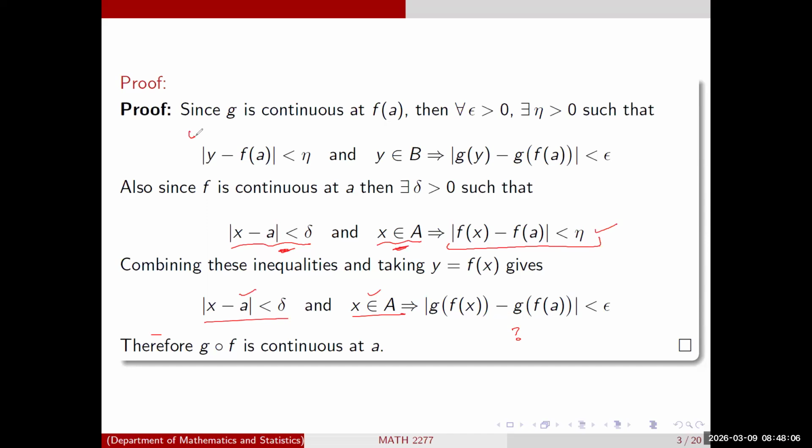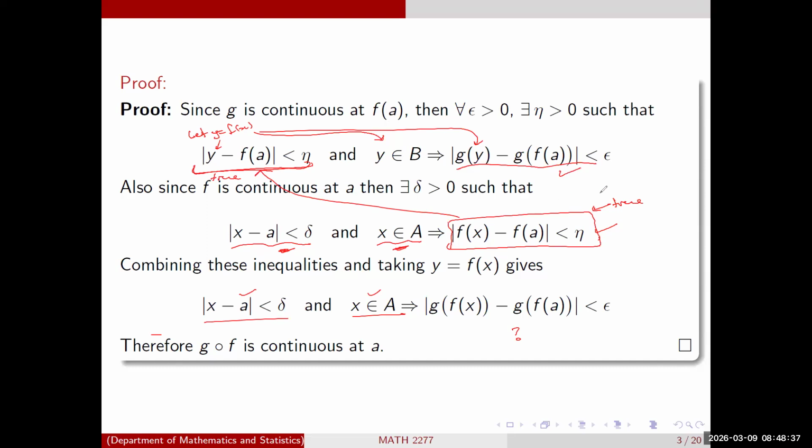If I now let y equal f of x here, here, and here, then this condition is the same as this condition. So this one is true, therefore this condition is now true. And when this condition is true, I get this. Now I assume this condition is true.